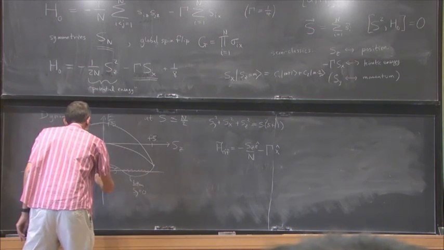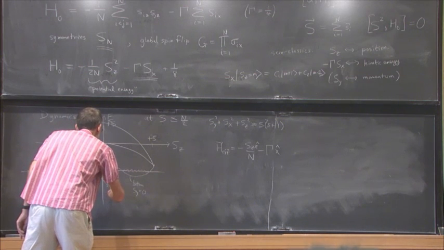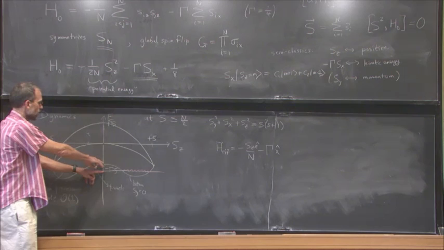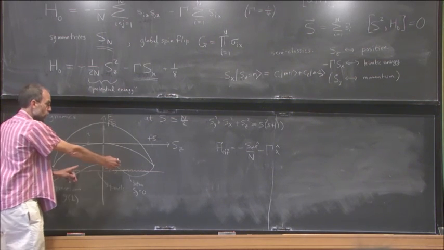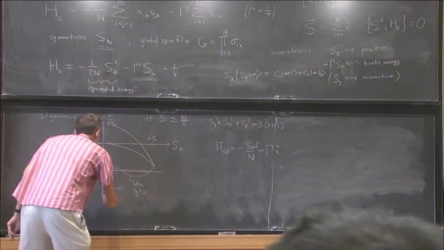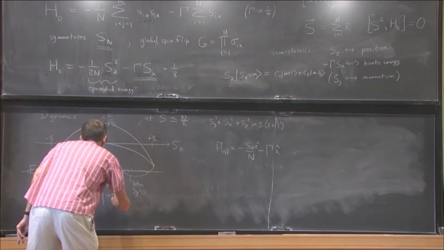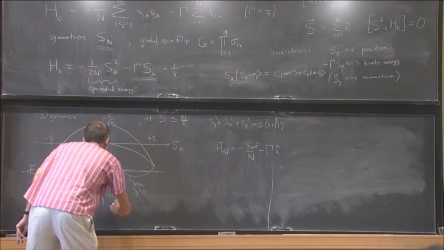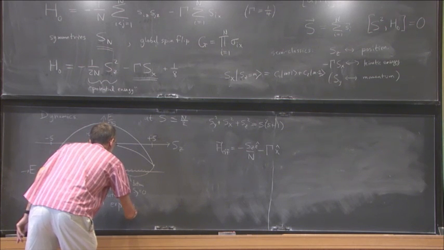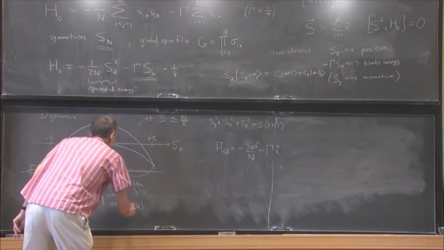And so it tunnels across this barrier, which is of a height of order n and a width of order n, so it's an extensive barrier. So it tunnels with a rate exponential minus some coefficient of order 1 times n.